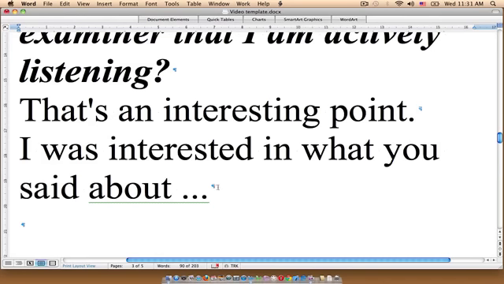But if the examiner is talking about something and you want to engage in the conversation, you might use a phrase like this to talk about something the examiner had brought up previously. So, I was interested in what you said about, and then whatever, and then maybe even you could ask them a question at this point too.